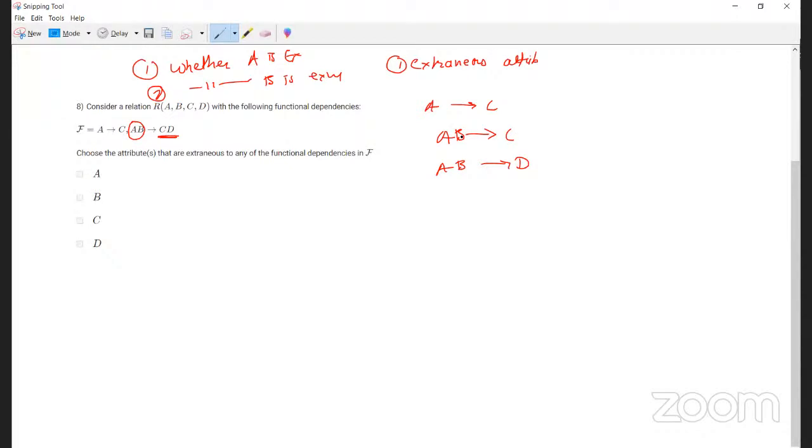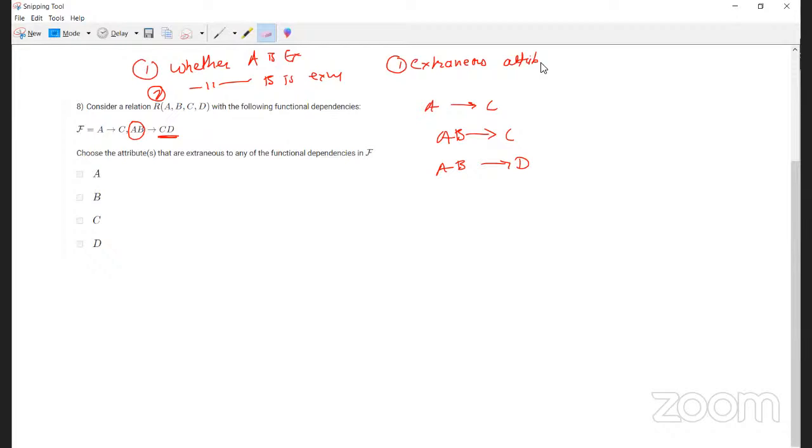So what do you mean? Here B is extraneous, right? So what will be my canonical cover for this functional dependency? A determines C and AB determines D, right? Sir, AB determines C, B is not extraneous. AB determines C itself is a redundant dependency.